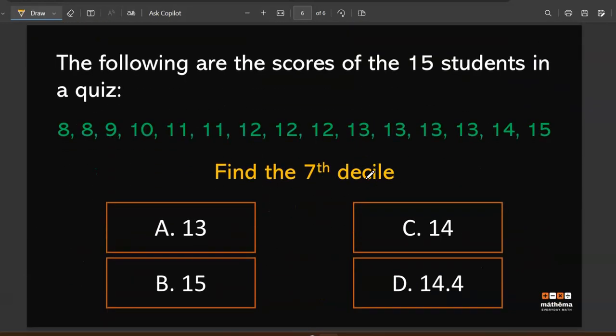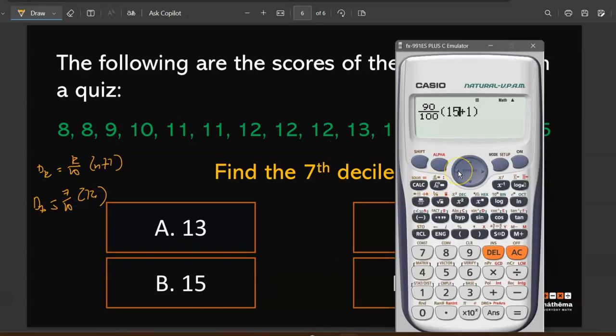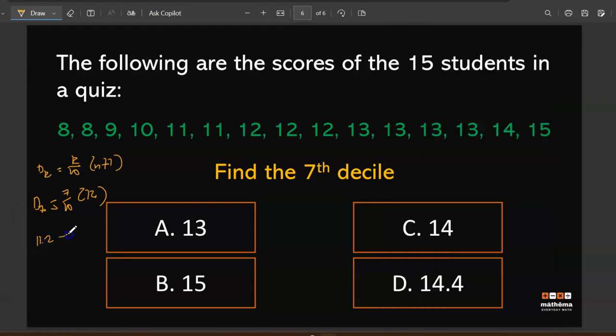Next and the last item. The same data, this time we are asked to find the 7th decile. Again, D sub k is equal to k over 10 times n plus 1. So D 7 is 7 over 10 times 16. If we calculate this, we will get 11.2, or approximately 11.